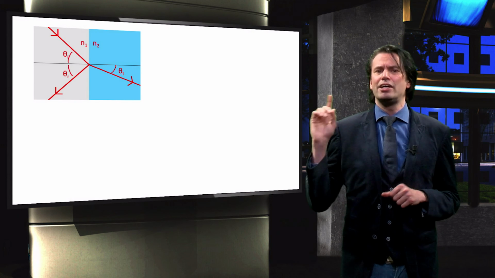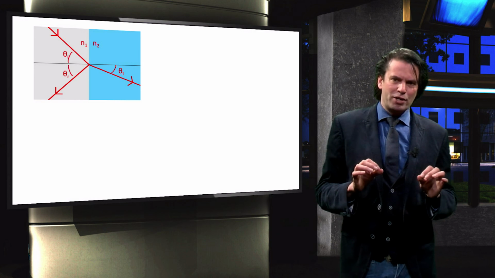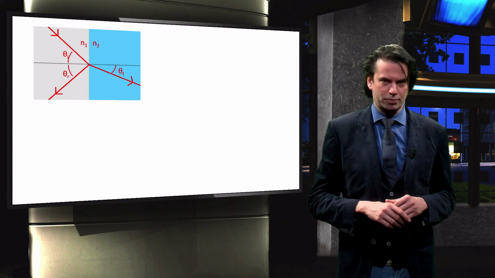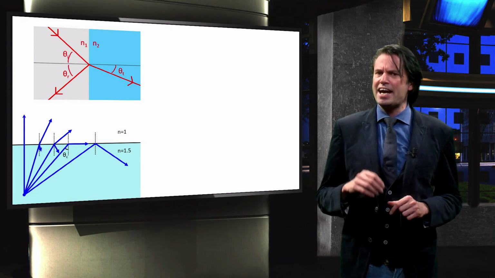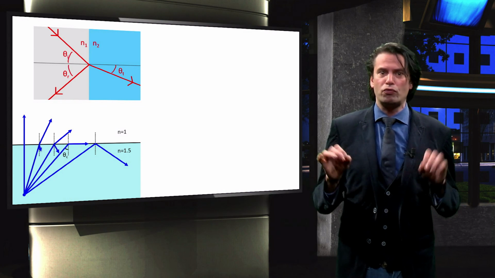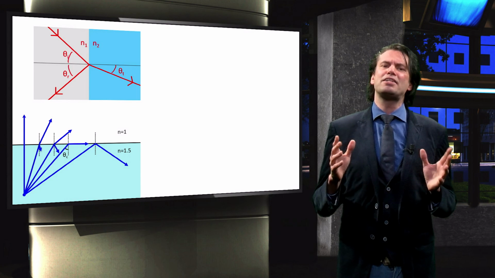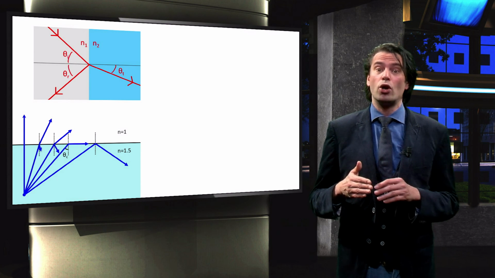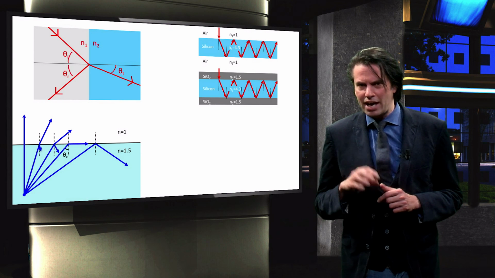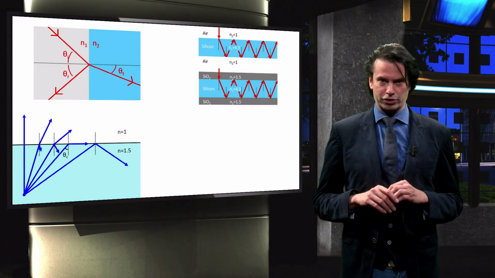Recapping, Snell's law describes how light is refracted and reflected depending on the refractive indices of the media involved and the angle of incidence. We saw that if the angle of incidence is greater than a certain critical angle, total reflection will occur. This only occurs when light moves towards a material with a lower refractive index. We derived this critical angle of total internal reflection for different material interfaces.